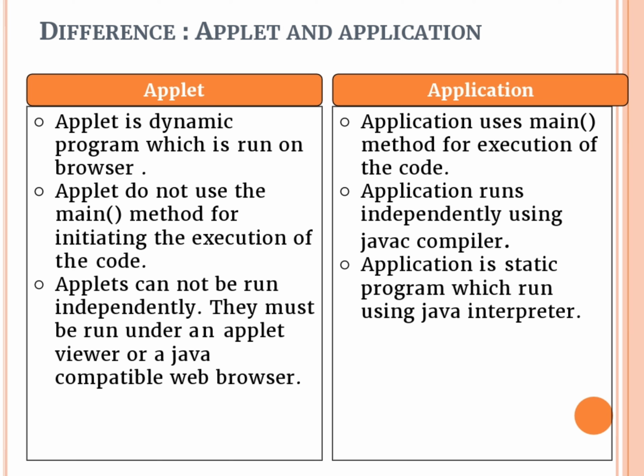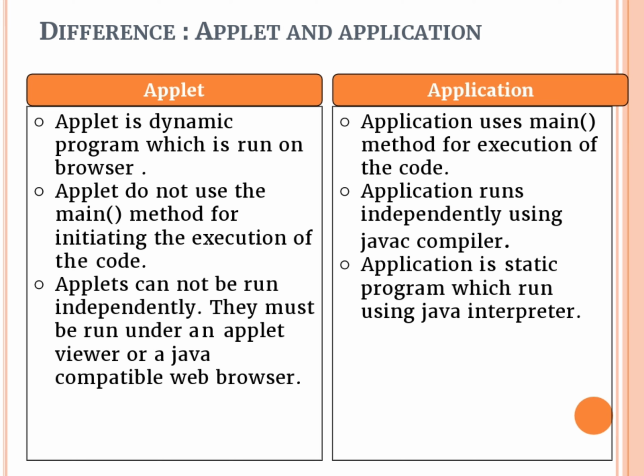In this slide, we are going to see the differences between applets and applications. I'm just going to read out the differences so that you can understand, and you can also read the differences on your own. It will be easily understandable for you.